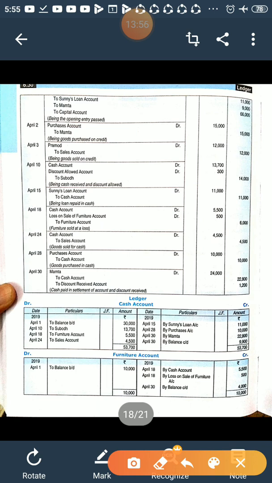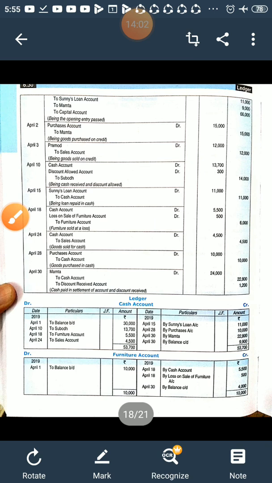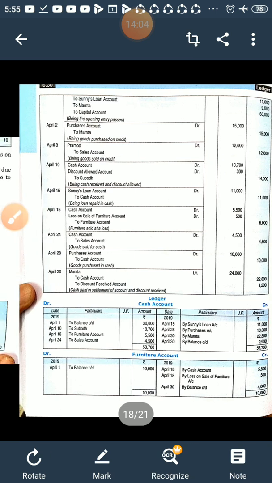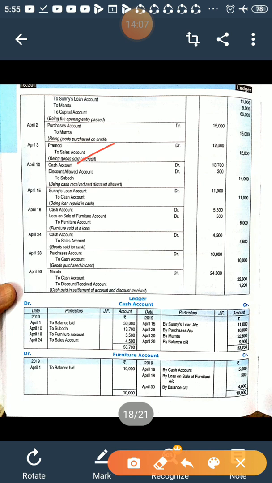Now take the cash account. Cash was debited with 13,700. So we will enter on the debit side April 10, and against this cash account, the account which is credited is Subhash. So we will write to Subhash, and the amount debited is 13,700.